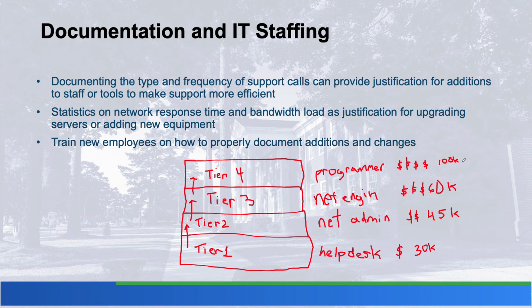They make a lot of money because the further you go up this IT department, these tiers, the less people that are there, right? Anybody can sit at the help desk and, well, most people can sit at the help desk and type a problem that comes in over the phone and escalate it up to the next tier.